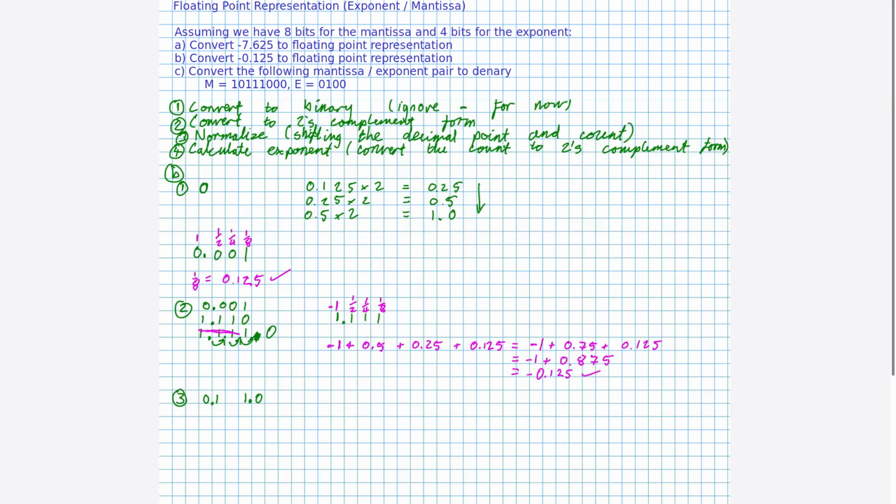So in the end, we end up with 1.0 as our answer, with E equal to -3. E is equal to -3 because we shifted it to the right.